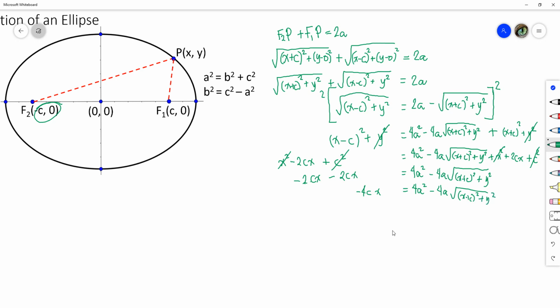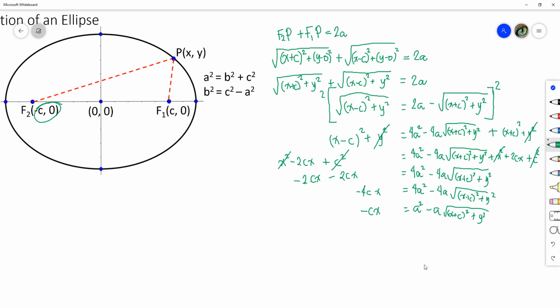Now, as we can observe, in the left side and the right side equation, they have a common factor of 4. So we can reduce the equation by dividing both sides by 4. So that becomes negative cx equals a squared minus a square root of the squared quantity x plus c plus y squared.